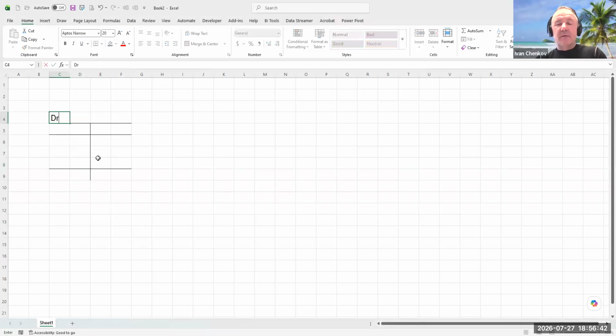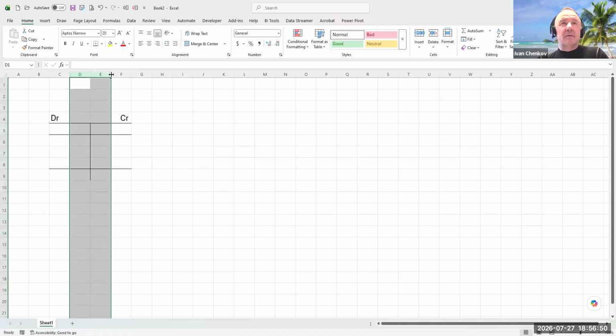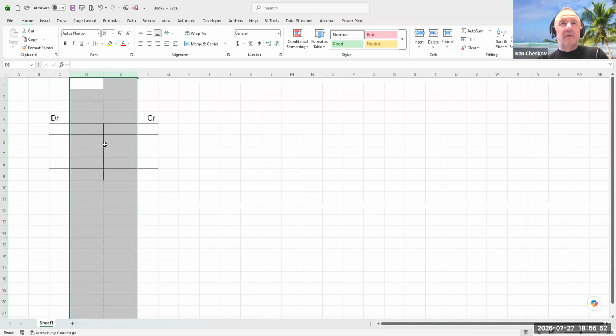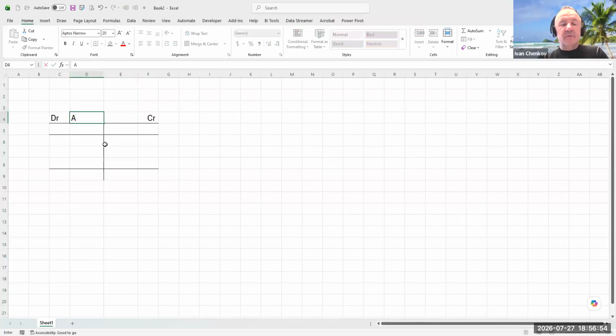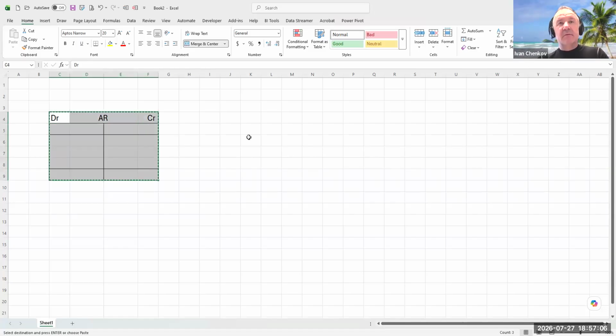So if this is our debit and this is our credit, that will be our accounts receivable account, which again has a beginning balance on the debit side. I'm going to copy this now.